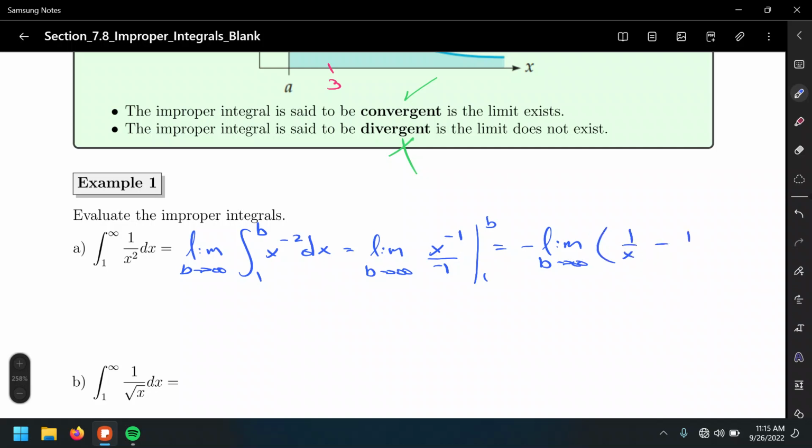F of b minus f of a, that's 1 over b minus 1 over 1.